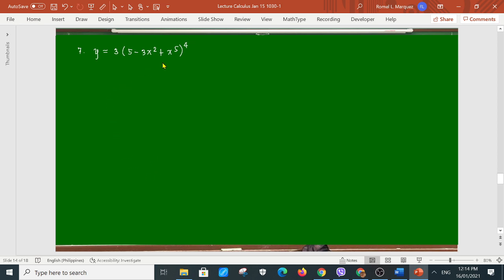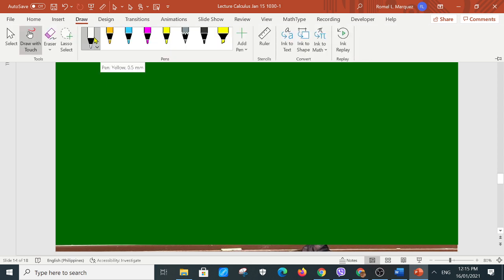If you're going to expand, of course, it's hard, no? Especially this contains 3 terms, raised to 4. Expansion of that is really hard. But so we can consider this u to the n, and then apply the derivative of general power. So let's do that.